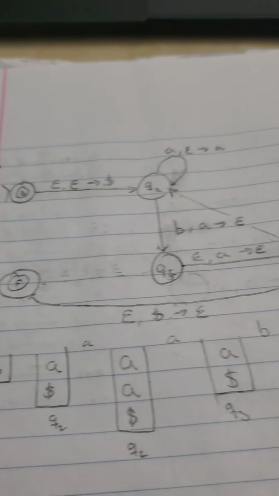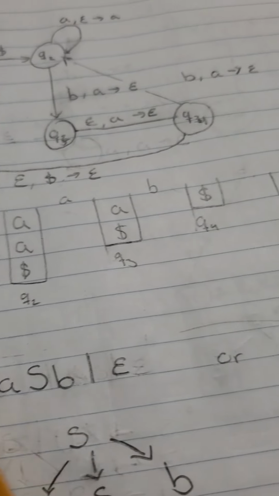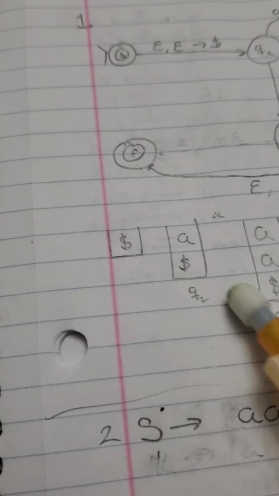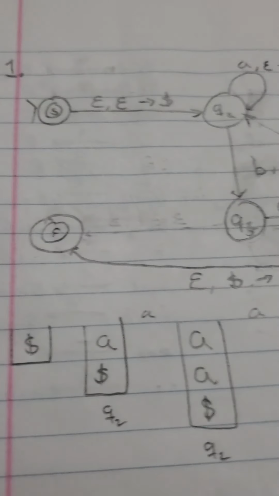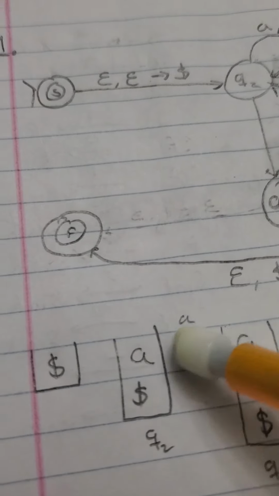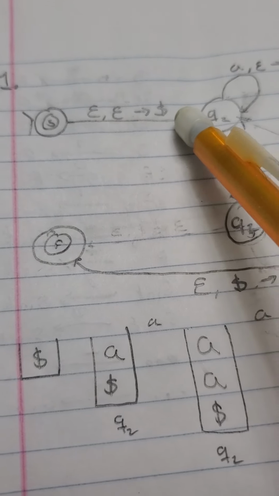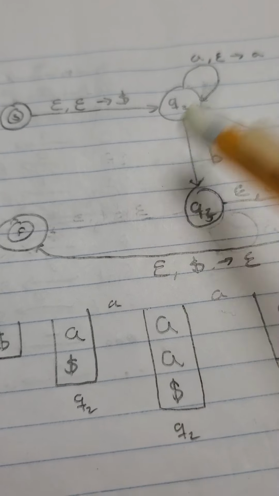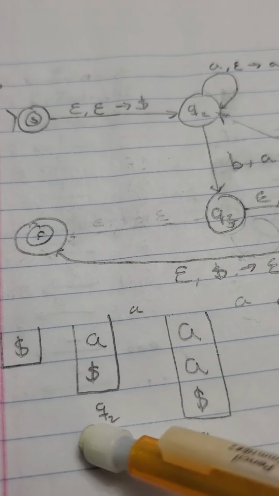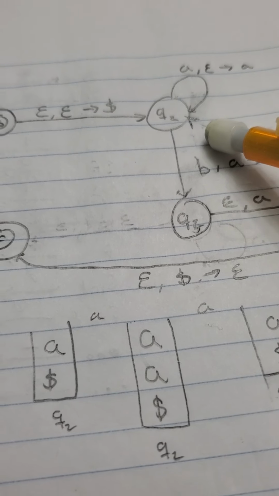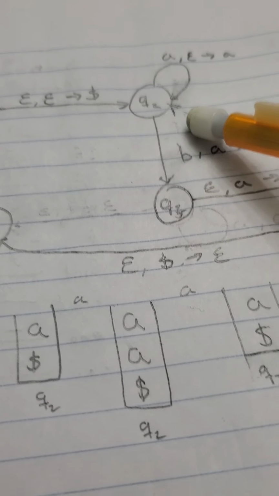So yeah, this is what I did, and this is an example of how it works. We're going to AAB. So as we have our stack, it's being pushed, and then we receive an A and get to Q2. And if we receive another A, we should go to Q2 also.